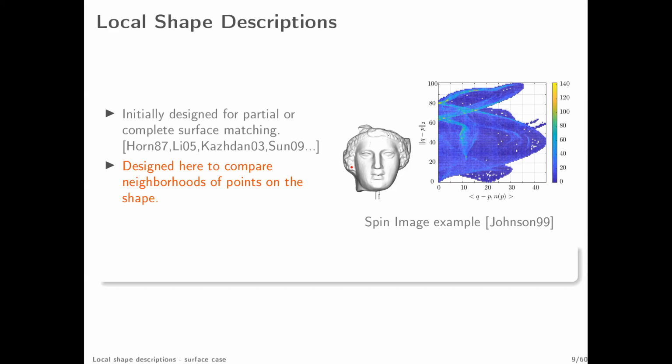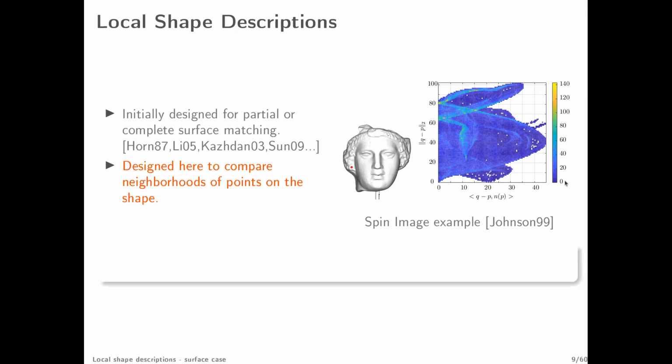Initially, it was okay to have a destructive description, meaning that once you had the description computed, you could not go back to the surface. It would just give you some description, but it would not be invertible. Here we will use them to compare neighborhoods of points on the surface, and we will also require them to be invertible, in the sense that we can go back from description to surface and not have lost the link.